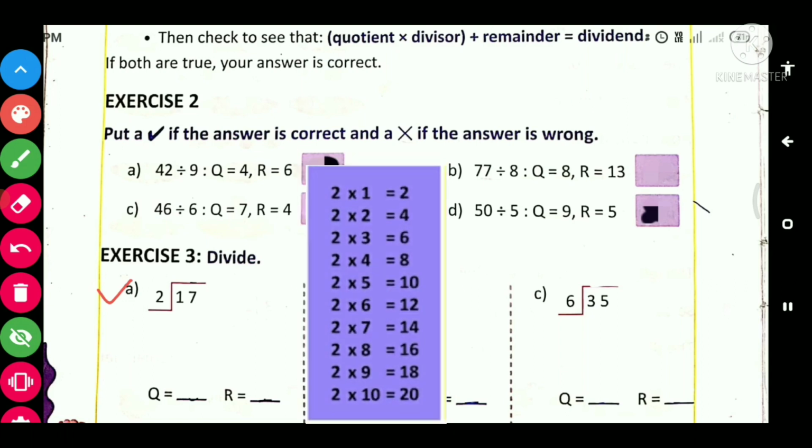So 2 ones are 2, 2 twos are 4, 2 threes are 6, 2 fours are 8, 2 fives are 10, 2 sixes are 12, 2 sevens are 14, 2 eights are 16, 2 nines are 18. So as you can see, 2 eights are 16. So this 16 is slightly less than 17. So we'll choose this one.